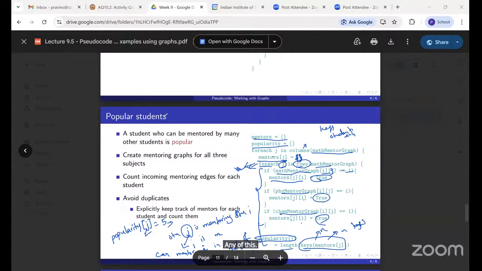So this is what is being calculated. Is it clear? Yes, sir.